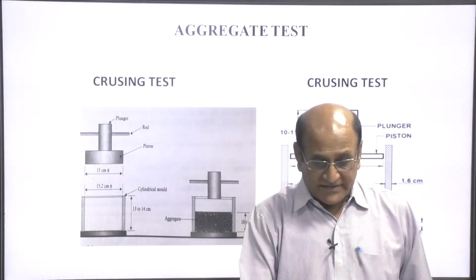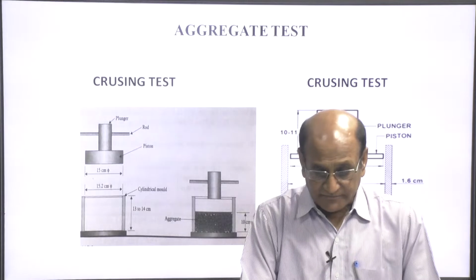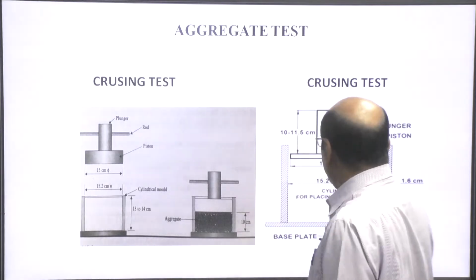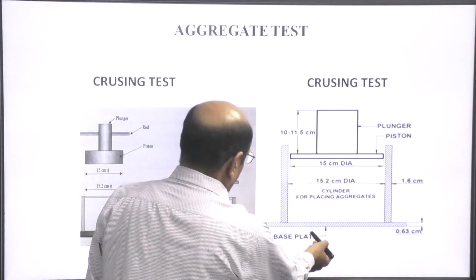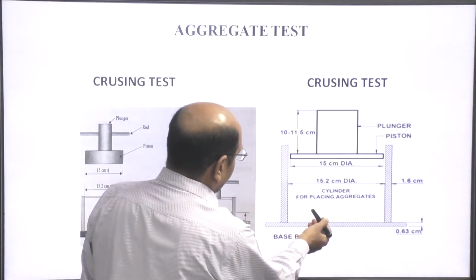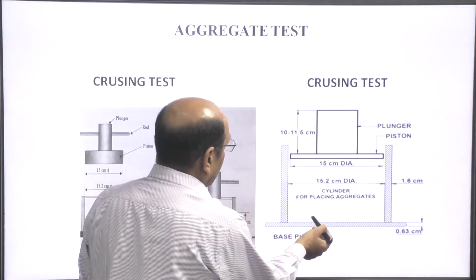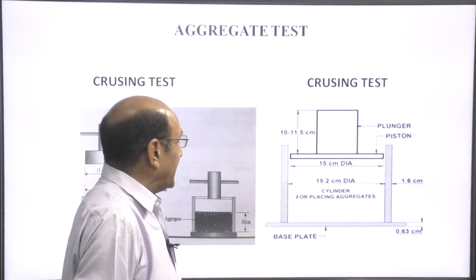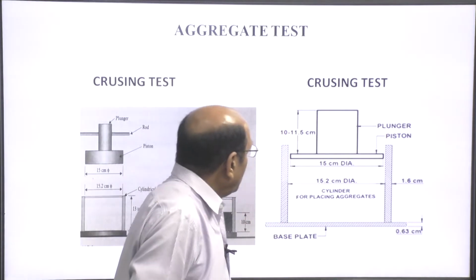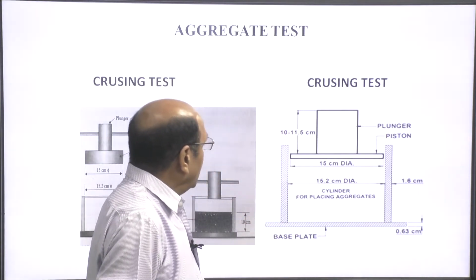This is the equipment of the crushing test. Here is the base plate. This is the cylinder for the placing of the aggregate. The diameter of this cylinder is 15.2 centimeter.